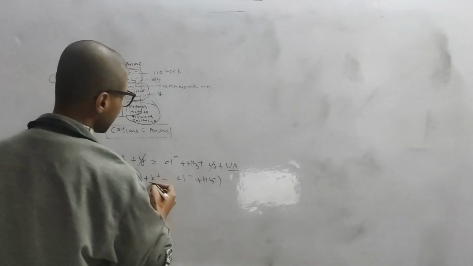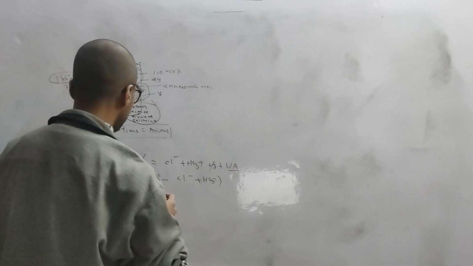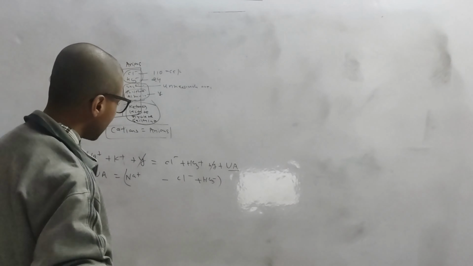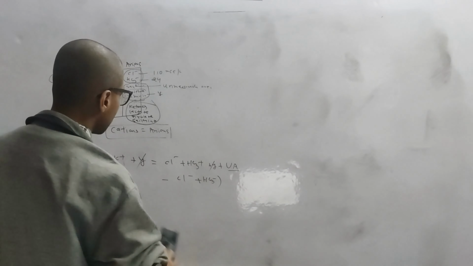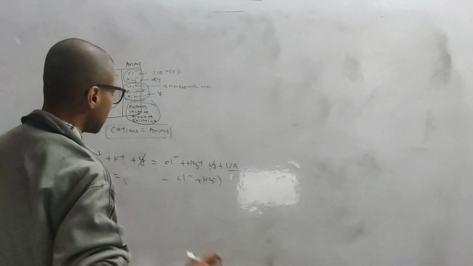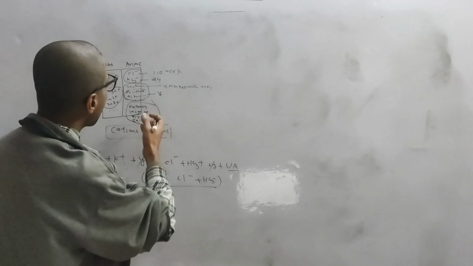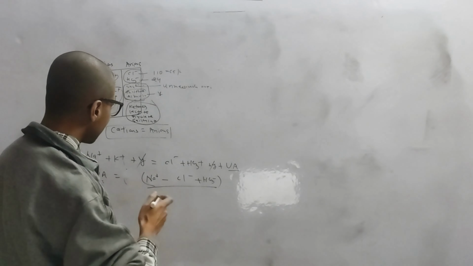But since potassium is only about 4 MEq per liter, we also remove potassium from our equation. So it becomes sodium minus chloride plus bicarbonate. This is the amount of unmeasured anions, because we have not measured sulfate and the variety of proteins.